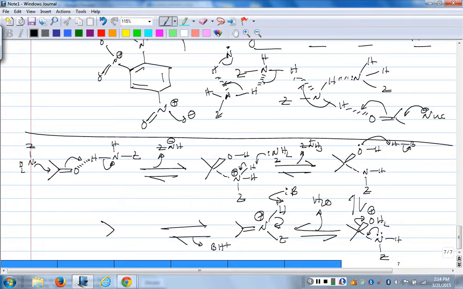So I'll just point out, when I don't know who the acid is, and there are several contenders, it could be this is an acid, that's an acid, there are lots of contenders for the acid, right? I don't really care who it is, it's just some proton source. So I could use BH as my acid, or BH plus as my acid, it doesn't really matter.